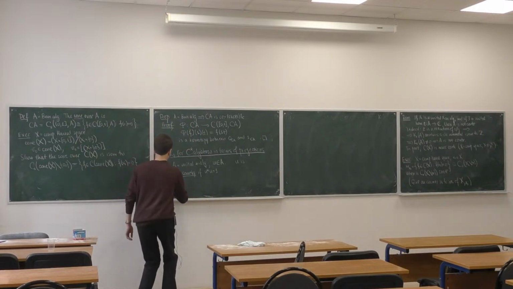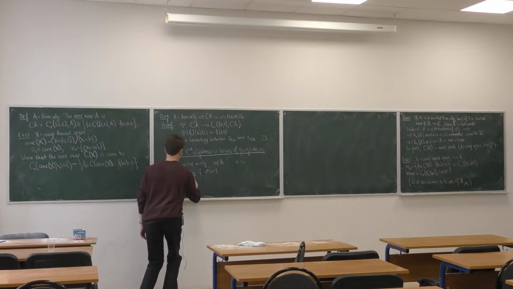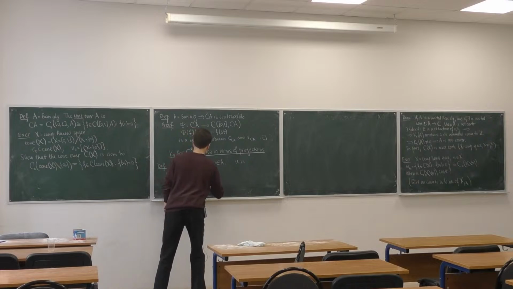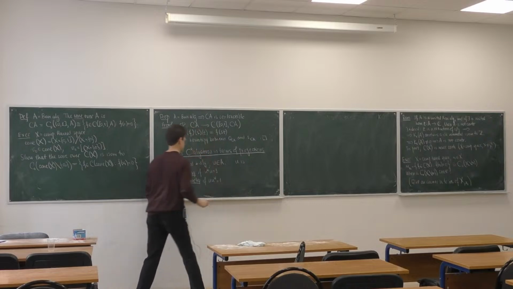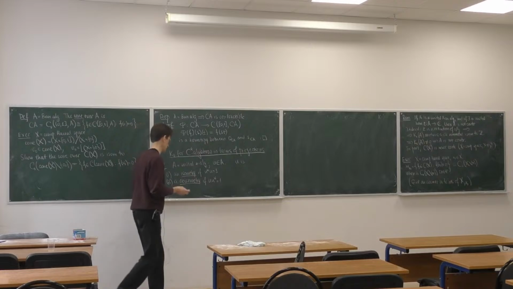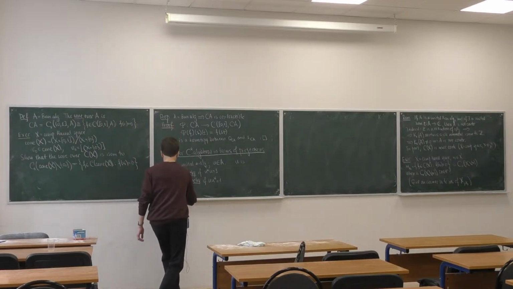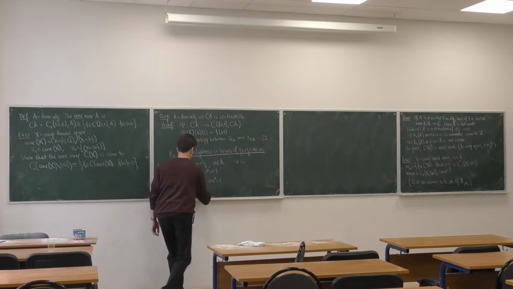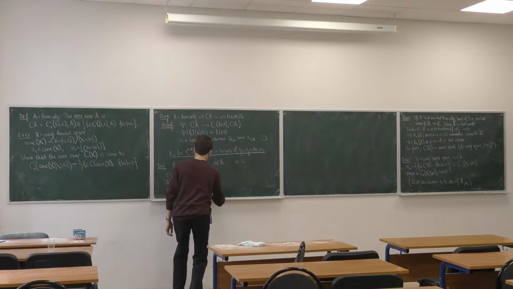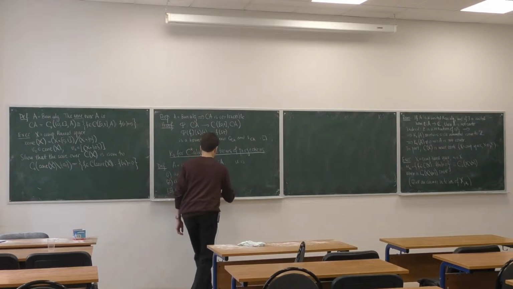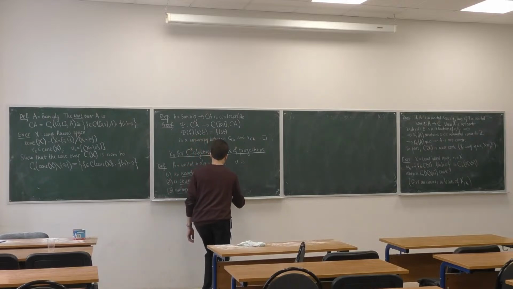Next, we say that U is a co-isometry if U U star equals 1, which is not the same in the general case. And finally, we say that U is unitary if it is invertible, and U inverse equals U star.